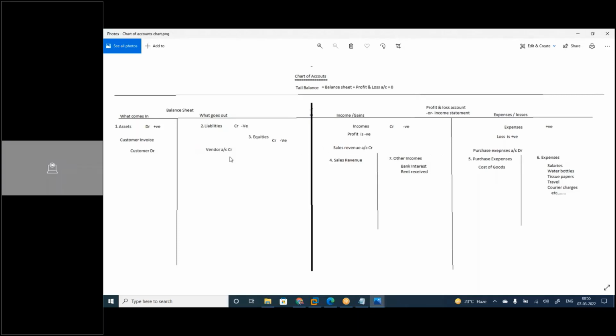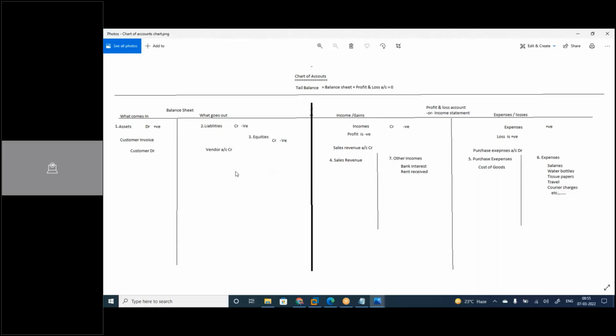On the balance sheet side, I want more positive, then my company is in a healthy condition. On the P&L side, there should be more negative. So incomes or gains should be negative, and expenses are positive.